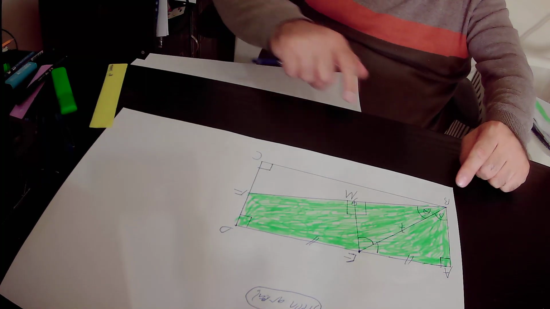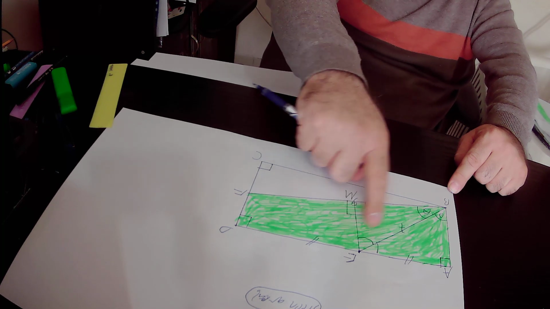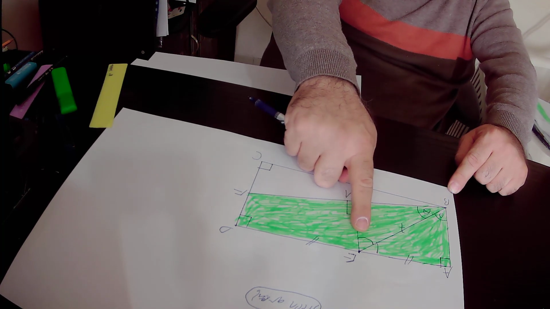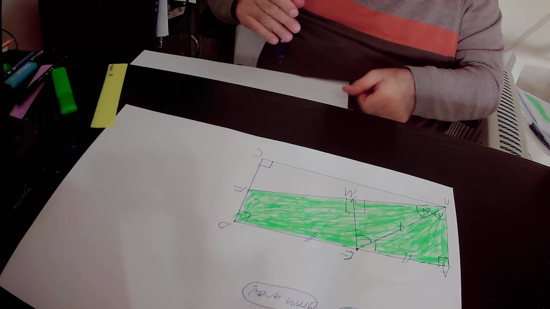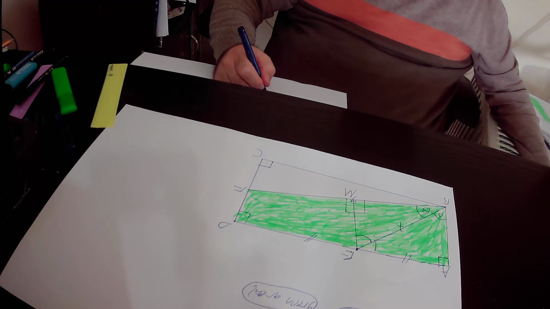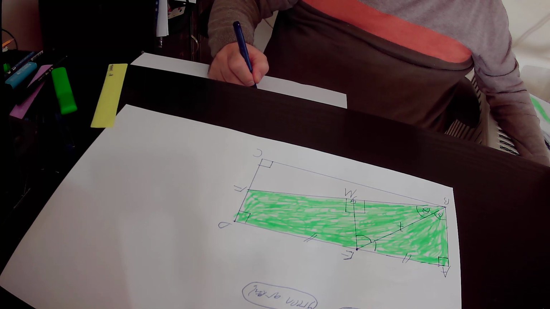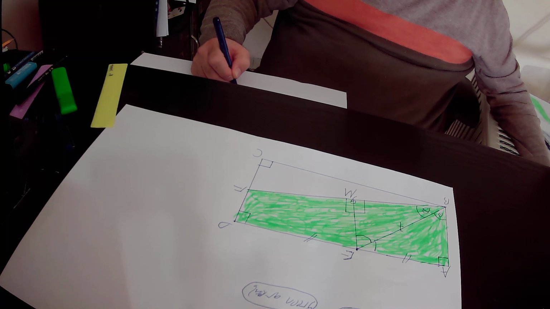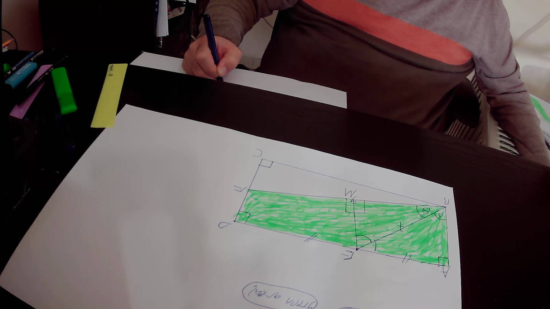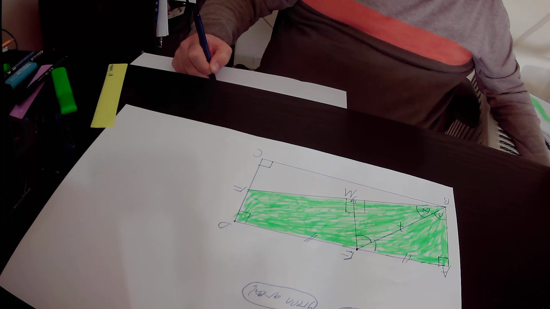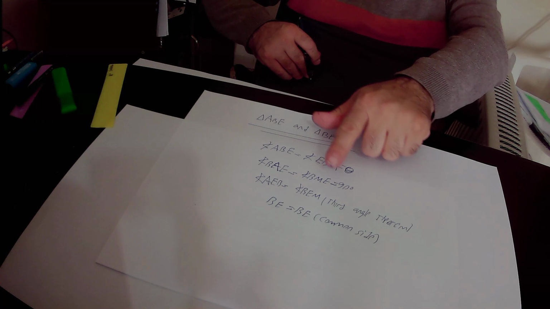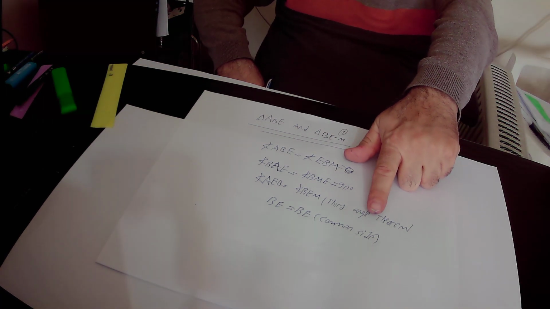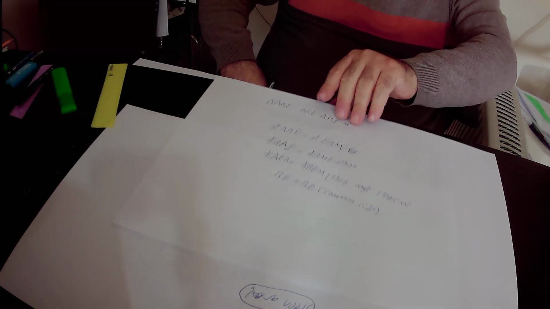And we also have side BE is a common side, it belongs to both triangles, so BE equals BE. I'll repeat again, BE equals BE. It is a common side that belongs to both triangles.